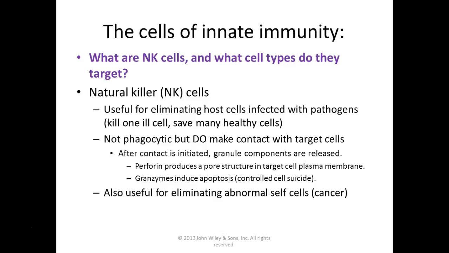So we've talked about cells that engulf bacteria, or microbes that are outside. We talked about ones that release their toxic substances on them, the eosinophils, the basophils, and mast cells. Well, what happens when something gets inside of our cells? Viruses do that all the time, right? What if we don't stop it from getting into our cells? What if it gets in? What if it's going to take over that cell? Now, we learned about interferon before.